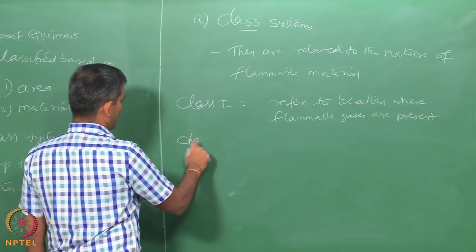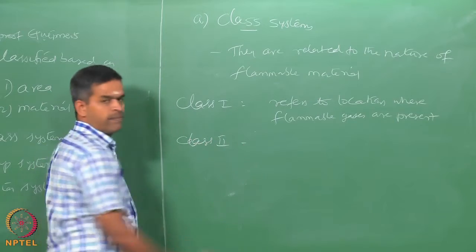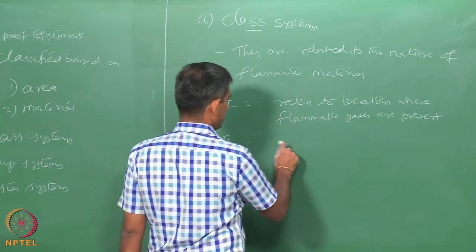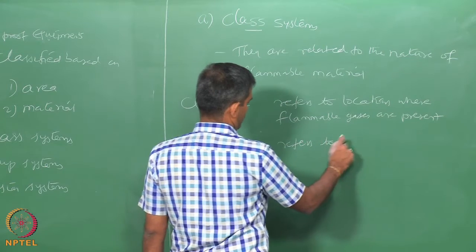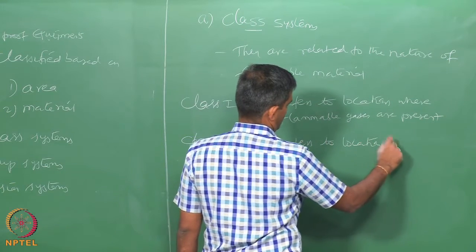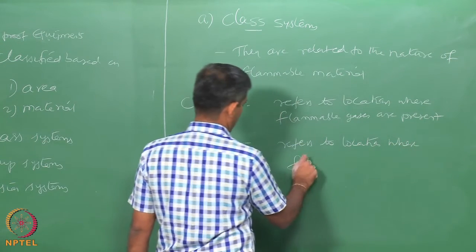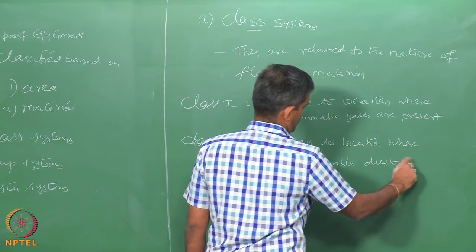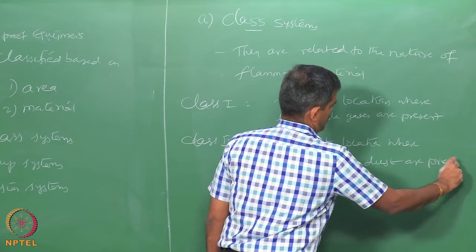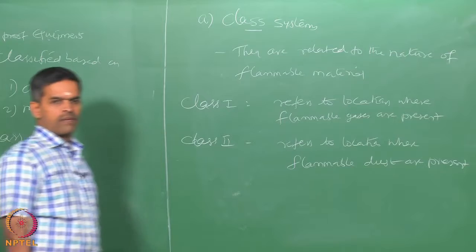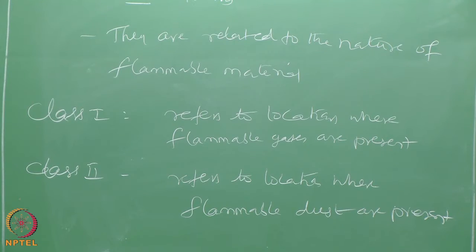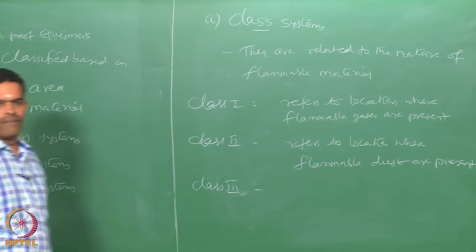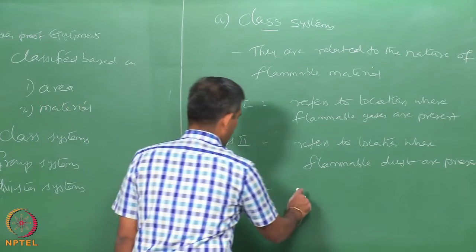You can also use class 2 equipment, where flammable dust is present. One can also refer to a location as class 3, where combustible fibers are present.